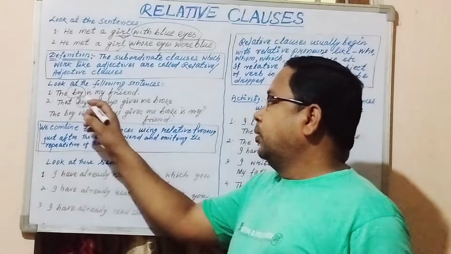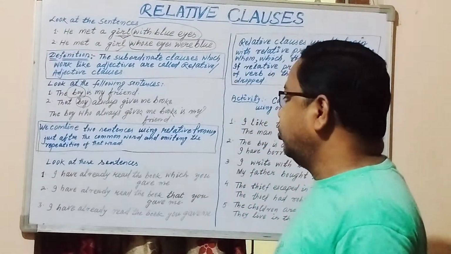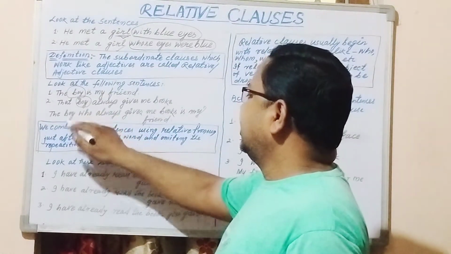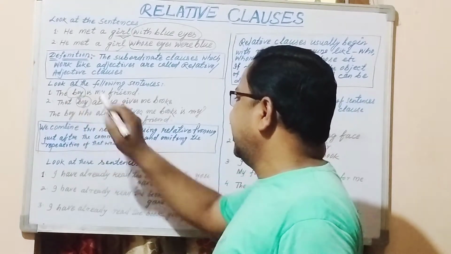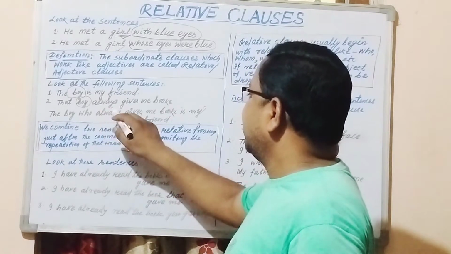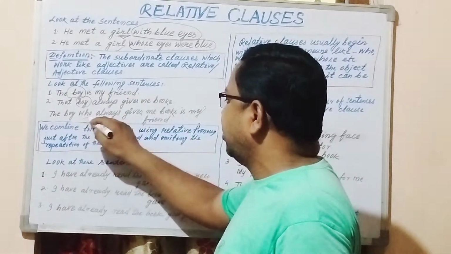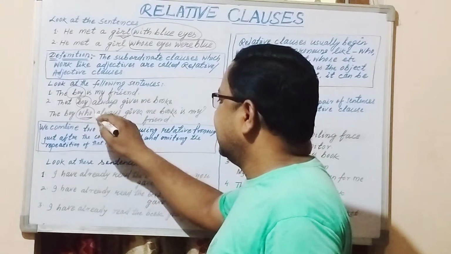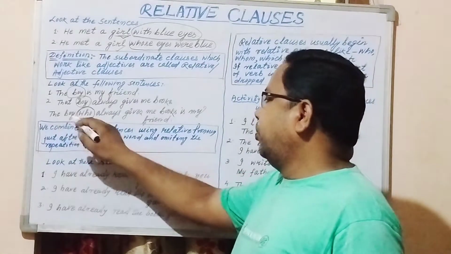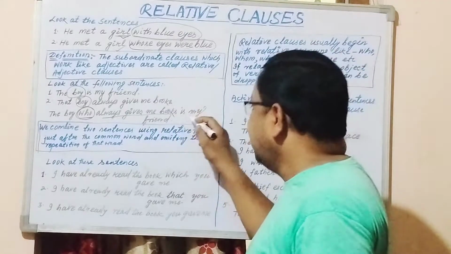So we can use a relative pronoun here. As boy is a person, we use the relative pronoun who. So we can say, the boy who always gives me books is my friend.